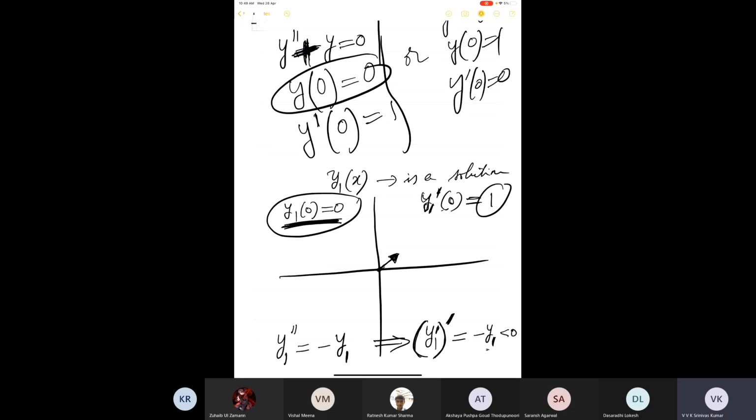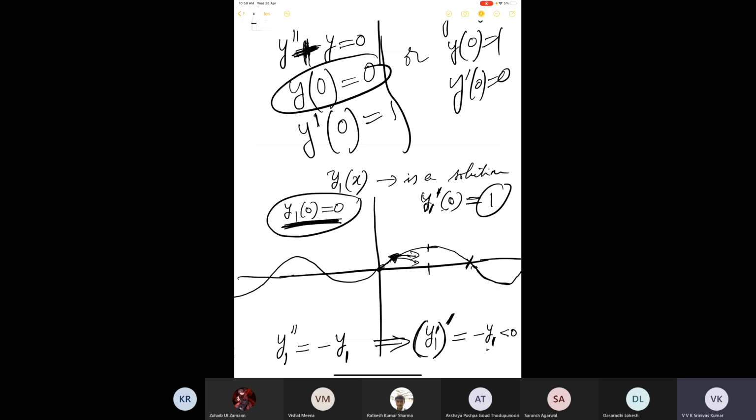As this goes further, the slope will decrease. And at some point, the slope becomes 0. And later on, it keeps on decreasing, and at some point the function value again becomes 0. And if you continue the analysis like this, you can see that again it is increasing. And you can do the same thing this side also.